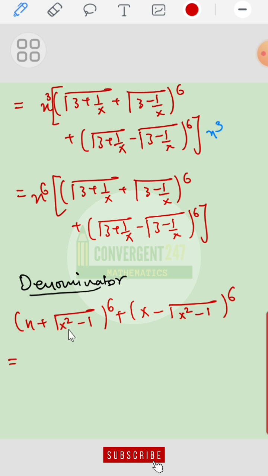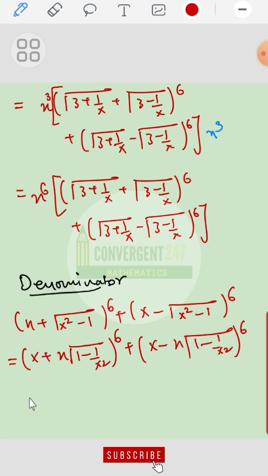Firstly take x square common here, because in this particular expression x square is the term having highest power. So when I take x square common, x square will come out as x because root is there. So here it will be x, and inside we are left with 1 minus 1 upon x square. Similarly with this also, x plus x, 1 minus 1 upon x square, whole to the power 6.